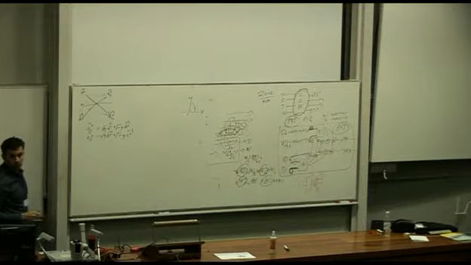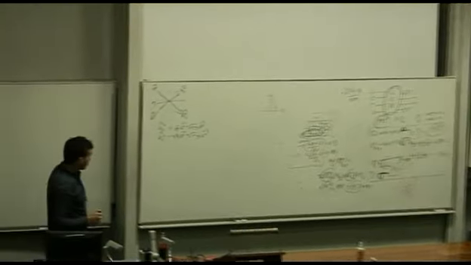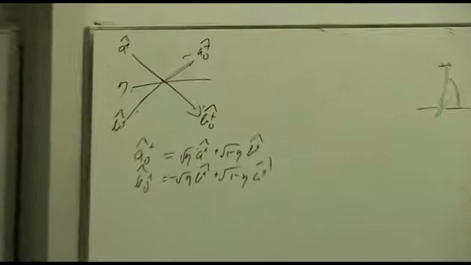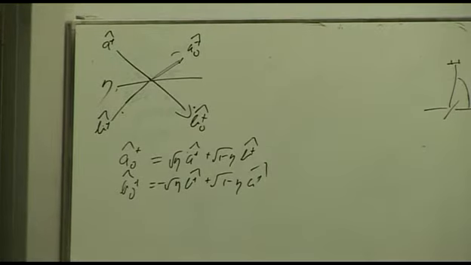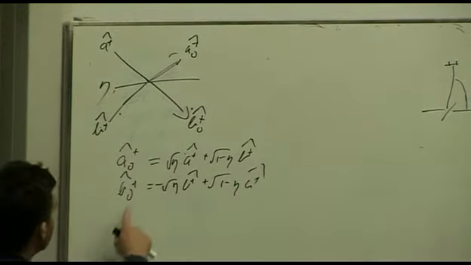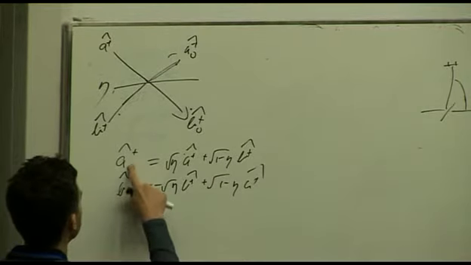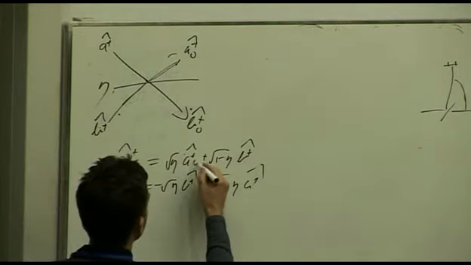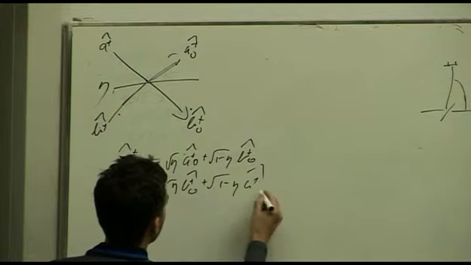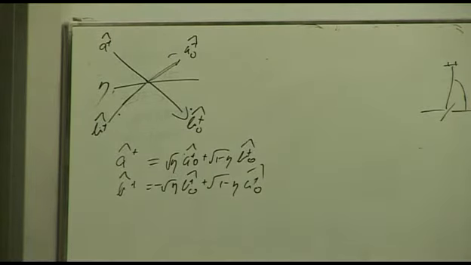Is that clear? And the time reversal symmetry of this situation allows me to say this is exactly the same expression for the input operators expressed in terms of the output operators.